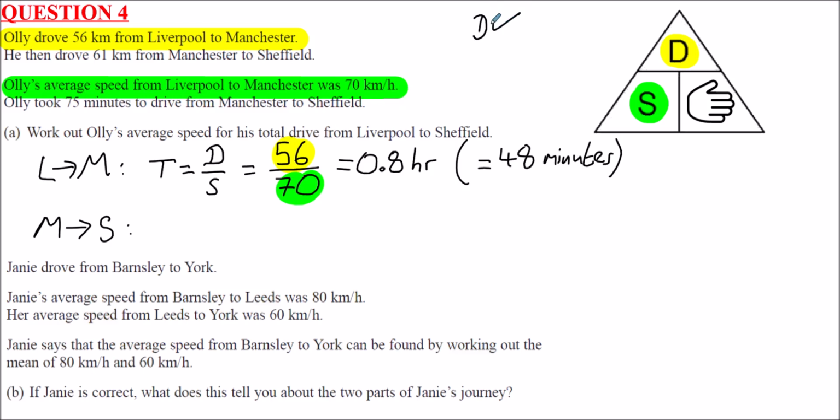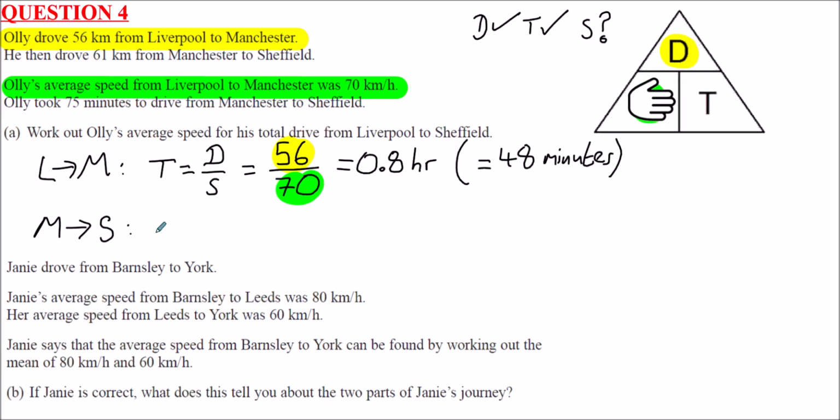We know the distance, we know the time, we don't know S. So if we know D, T and want to work out S, we can cover up what we want to find. We want to find S. So what's left tells us what to do. We need to do D divided by T.